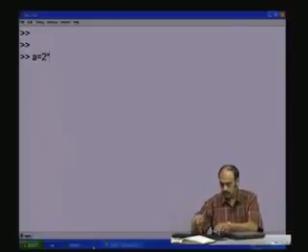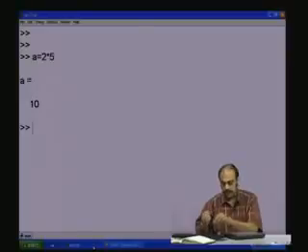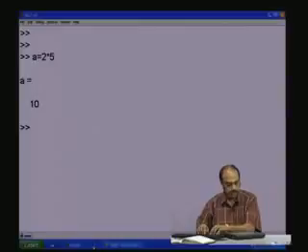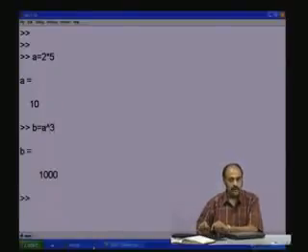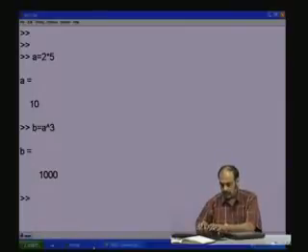So, you could type in some variable equals something, and it will compute like an interpreter. You could also use these variables for something else, like for example another variable b, which is a to the power of 3. This is how the computational environment works.